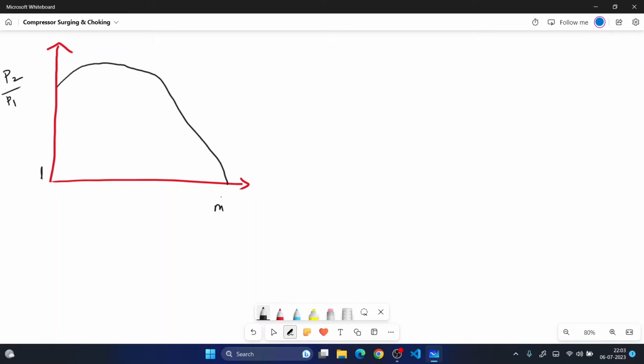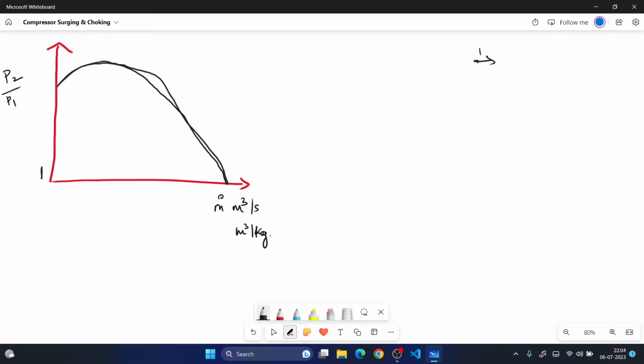And on the x-axis, it is mass flow rate, that is meter cube per second or meter cube per kg. Okay, so what happens is, when we draw the pump performance curve, we usually do it like this, and there may be a point, after reaching a certain mass flow rate, where you get the pressure ratio to be 1. That is, the pressure ratio will be the same.